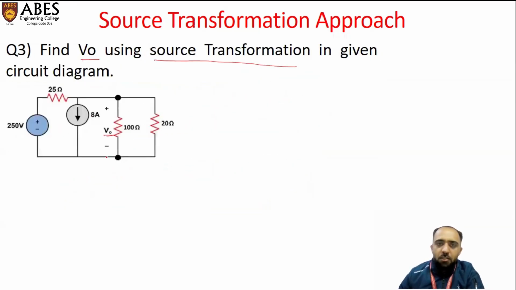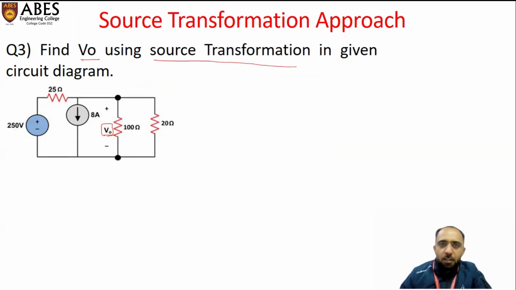So let's check in the question. First of all, we need to keep this branch, the V0 branch, as it is. You do not need to disturb this 100 ohm branch, because we need to find the voltage across 100 ohm. So there is no need to change this branch.